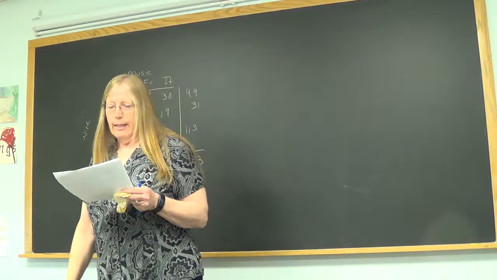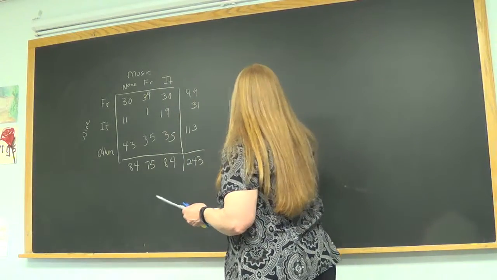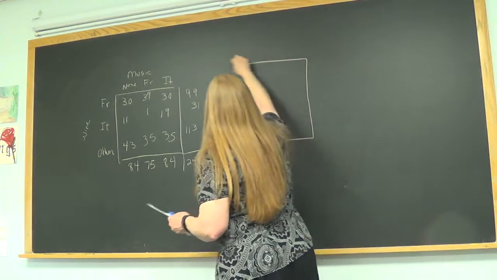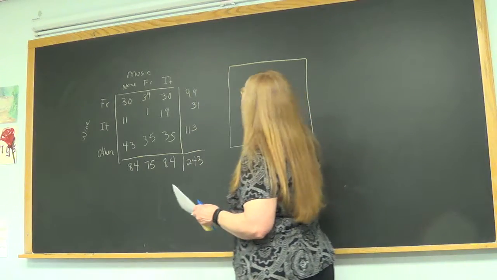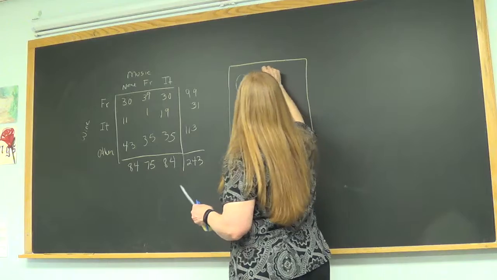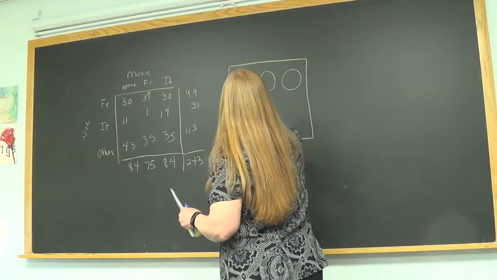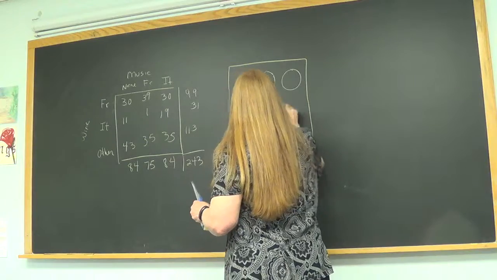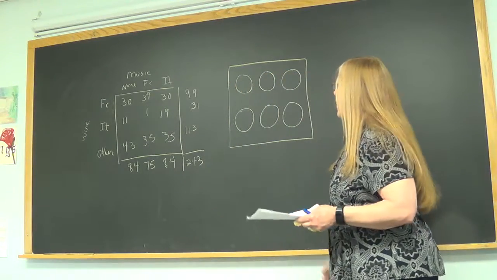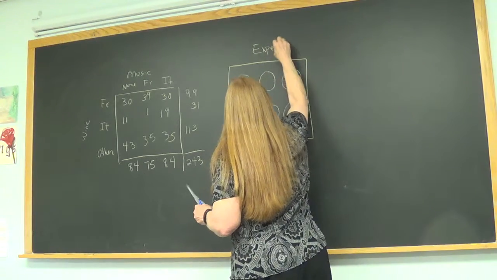Alright, then we learned how to get the expected values. So let me review how we got the expected values. And I'm not going to rewrite the columns and rows. They're just going to match this chart. So, could you remind me how I got the expected counts, expected values?